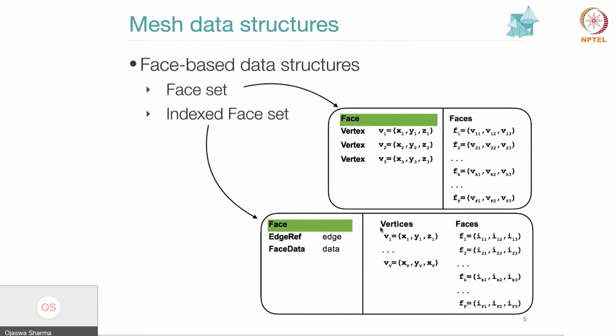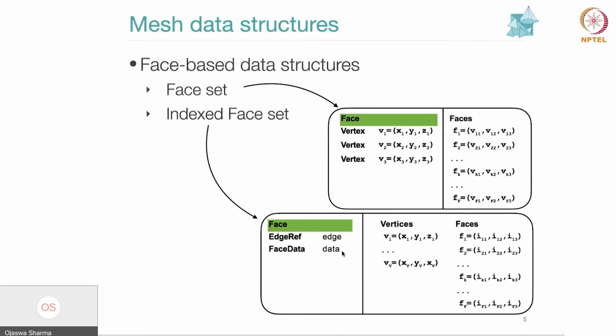So, for example, you could say that let me have every vertex being stored as an x, y, z triple, and then every face is three times each vertex. So you have 9 numbers associated with every face.